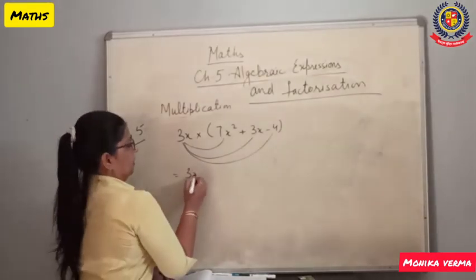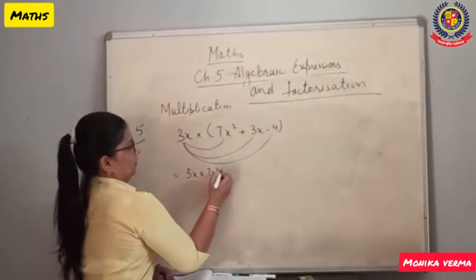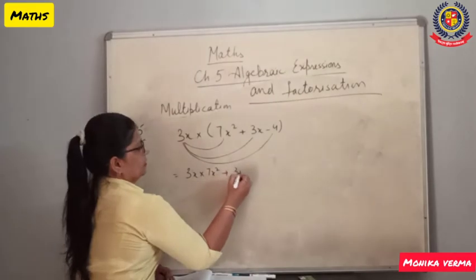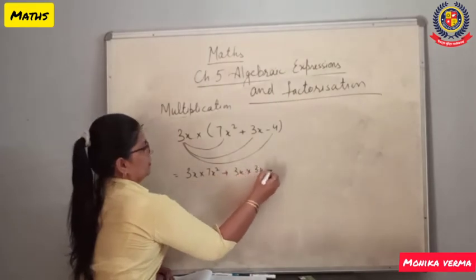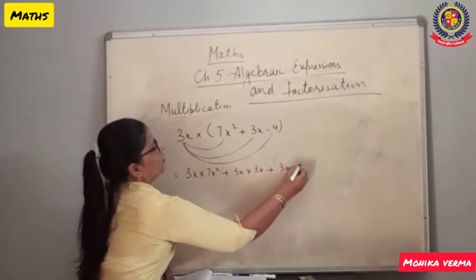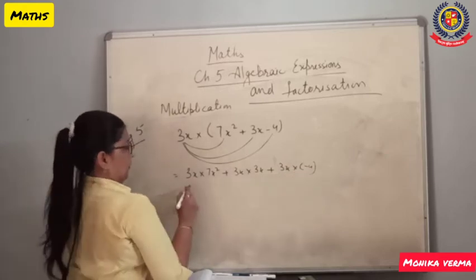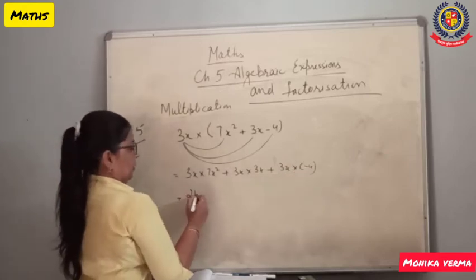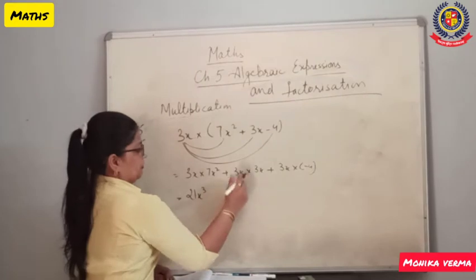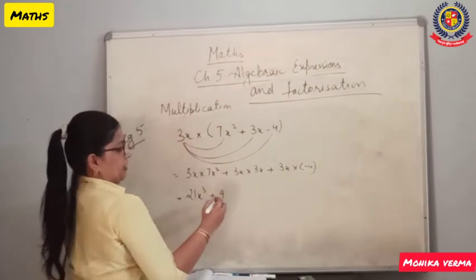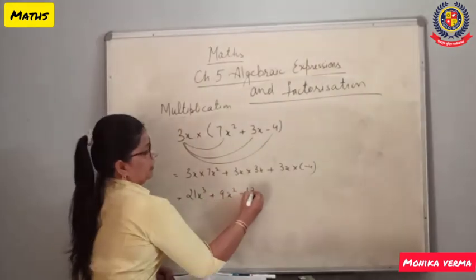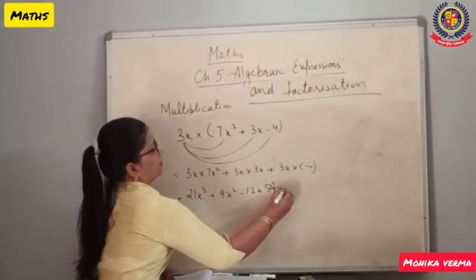So we'll have 3x into 7x² plus 3x into 3x plus 3x into minus 4. 7 3s are 21x³, plus 3 3s are 9x², minus 12x. And this is our answer.